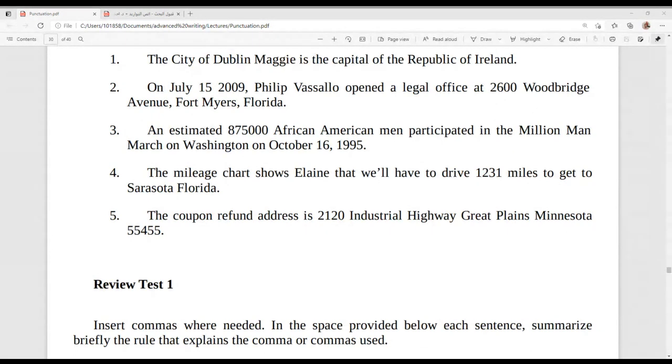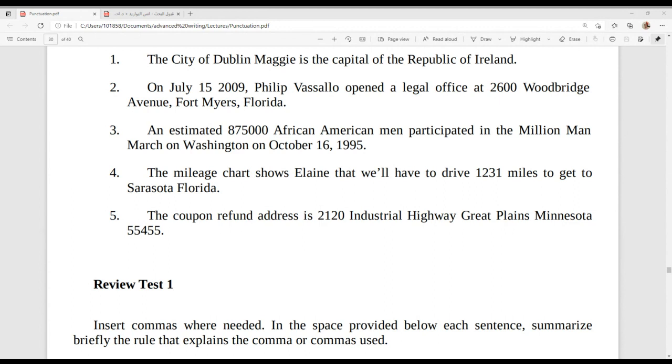The coupon refund address is 2120 Industrial Highway, Great Plains, Minnesota 55455. Industrial Highway, comma, right? Great Plains, comma, Minnesota. This is an address.